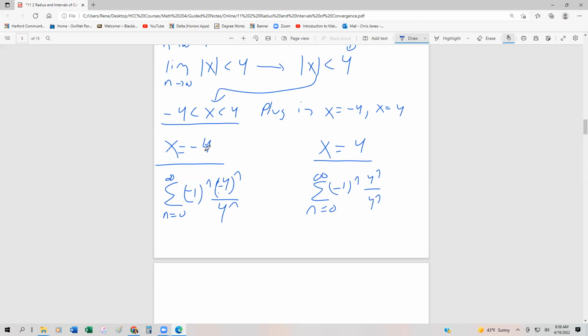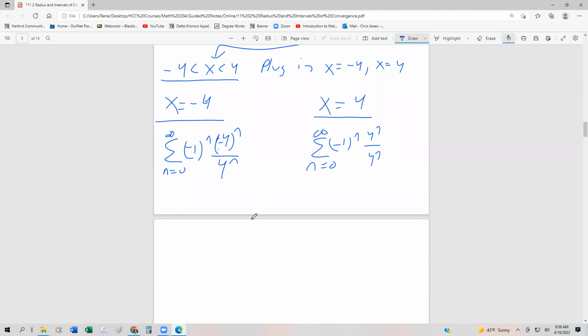All right. I'm going to pick on the first series that we just created by substituting x equals -4, because that one's a little bit easier for us to work with, at least with the series test. Now, notice that both of these factors have the nth power. So what I could do is rewrite that by algebra and multiply that.